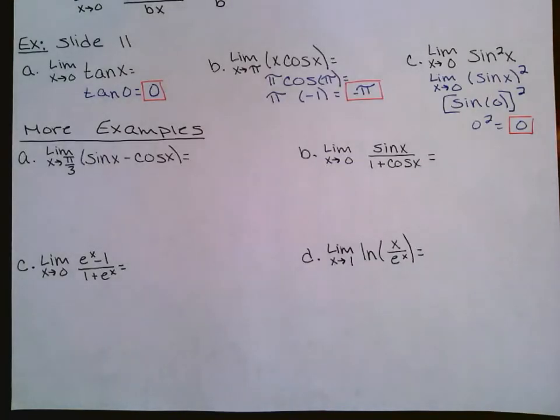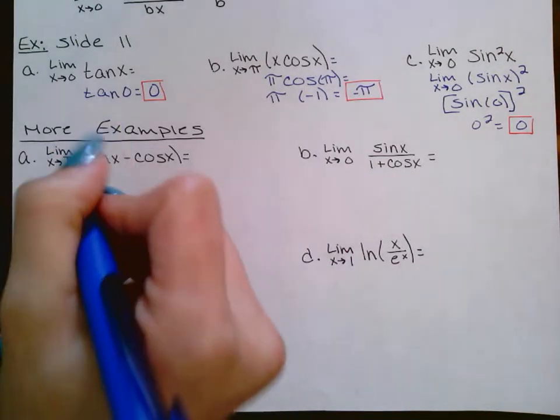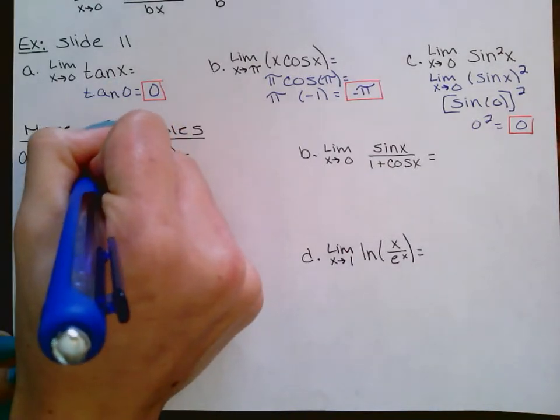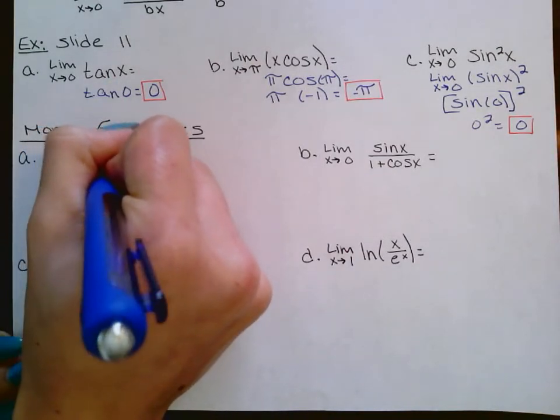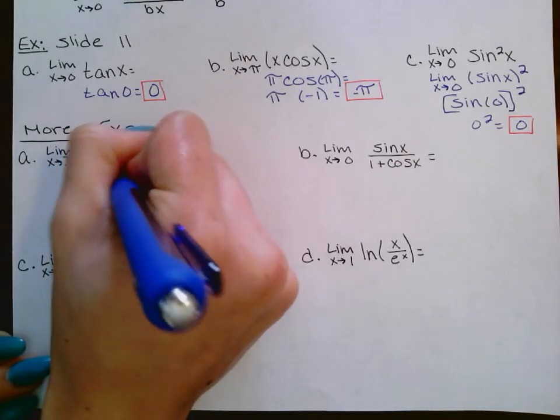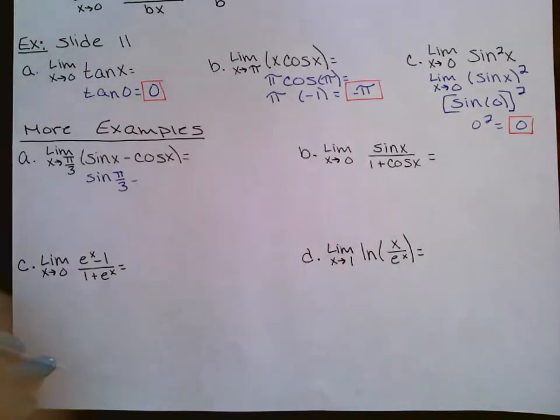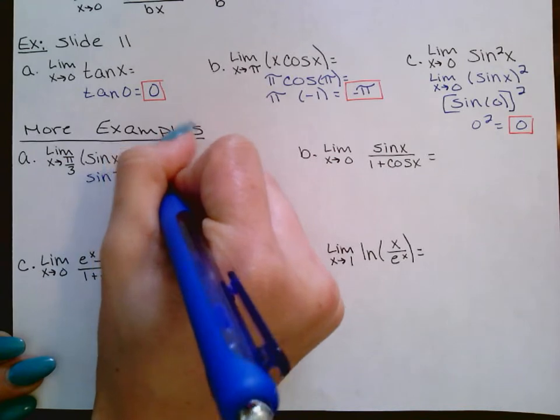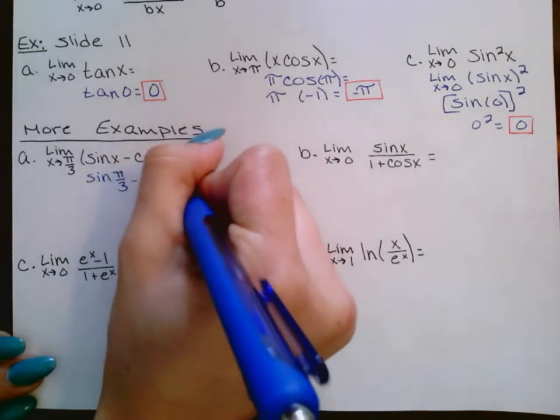All right, let's take a look at these next examples. These examples are coming out of the evens from the pre-cal sections that we use for calculus, in case you want to follow along. So the first one says the limit as x approaches pi over 3 of sine of x minus cosine of x. So I'm going to plug that pi over 3 into both. So I'm doing sine of pi over 3 minus cosine of pi over 3.